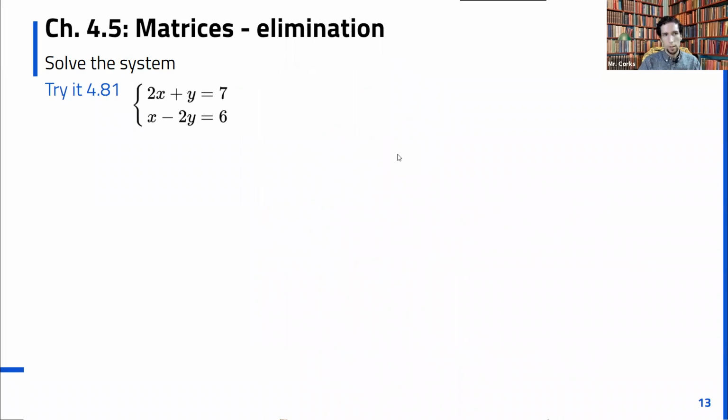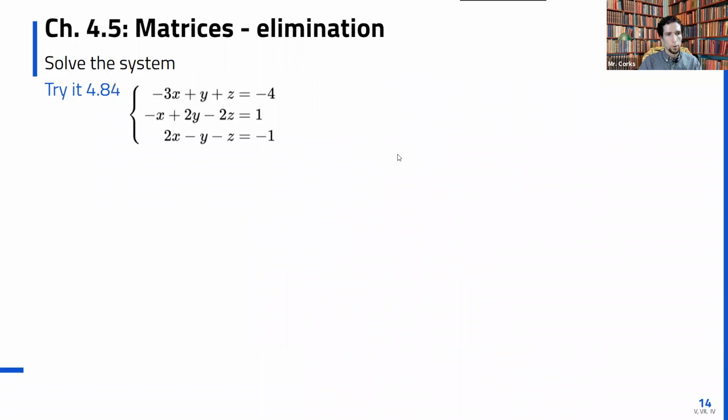Okay, let's go to our first big system here. So this is 4.84 from our textbook in section 4.5. And we will write this out. There's nothing special here about this system. It's pretty easy to turn into a matrix, so I will just do that to start.